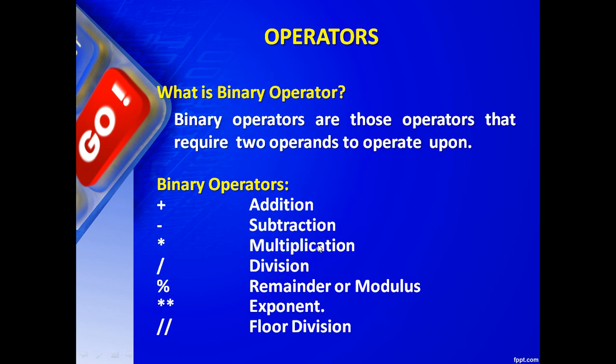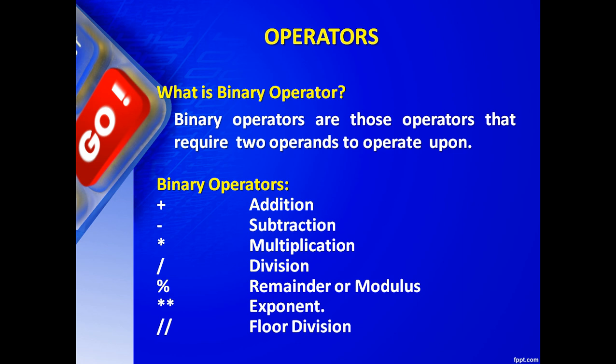So what is a binary operator? The binary operators require two operands to act upon, right? For example, plus: you are using x plus y, two operands are required. Here plus is an operator, and x and y are called operands, right?